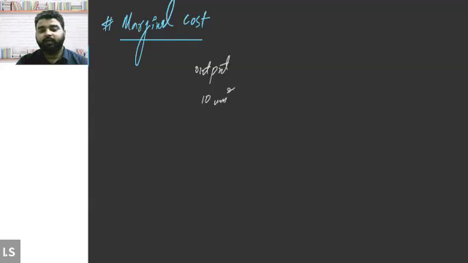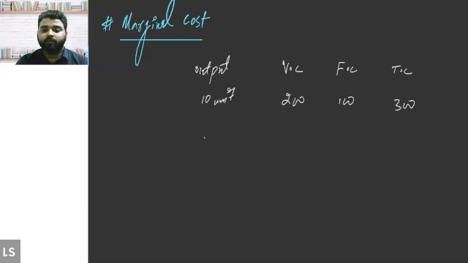For producing 10 units of output, let's suppose he was spending 200 as variable cost, and at that time fixed cost was 100, so total cost was 300, right?